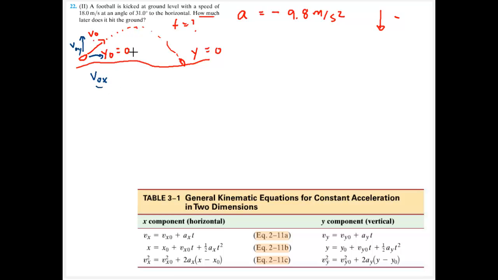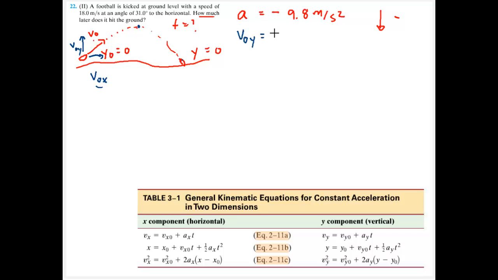Now in the x direction, motion is just going to be constant. It's going to have that initial velocity throughout the entire time of flight. In the y direction, it's accelerating downwards. That velocity is going to get smaller and smaller until it touches 0 right here, and then it's going to get larger and larger until it hits the ground. So I'm going to write v0y.